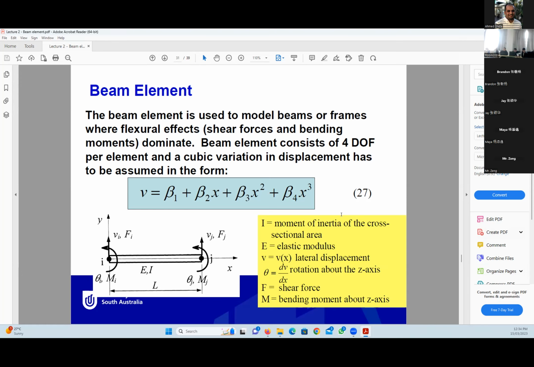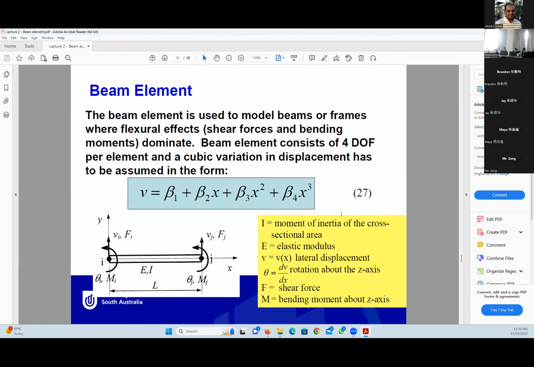So one of them will only include the flexure effects, and the other will include the flexure and axial effect. Okay, so the beam element, which only contains the flexure effects, will only contain 4 degrees of freedom per element.